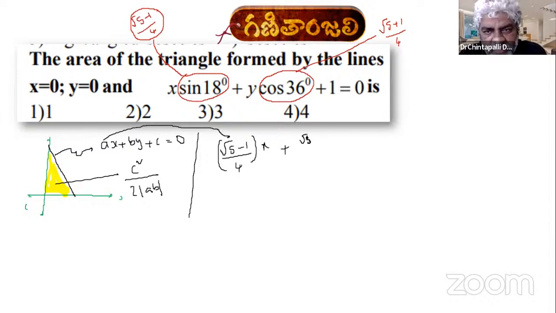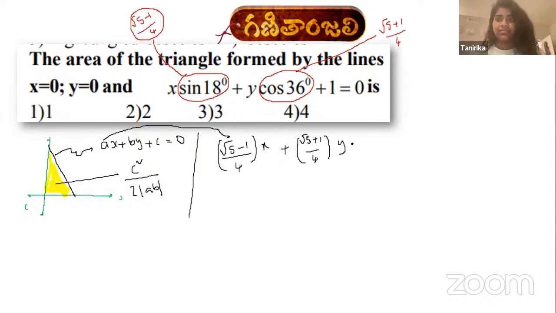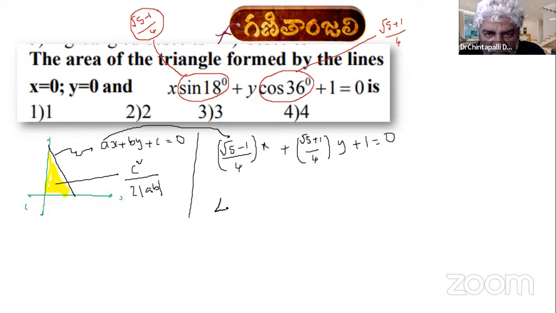Root 5 plus 1 by 4 into y. What is b? Root 5 plus 1, plus c equal to 0. Now tell the area delta formula. C square by 2 mod ab, sir. Yes, c square by 2 mod ab. Very good.